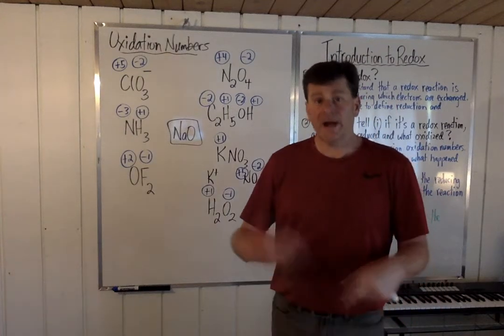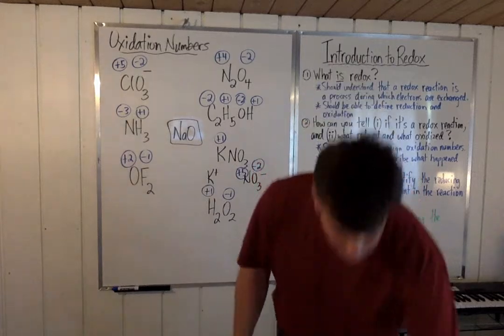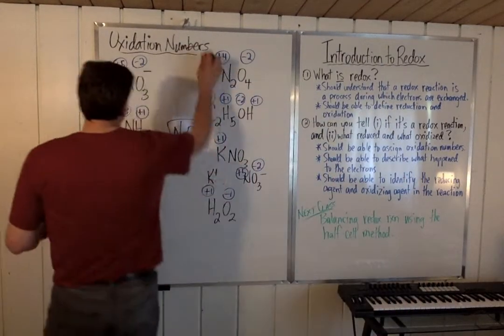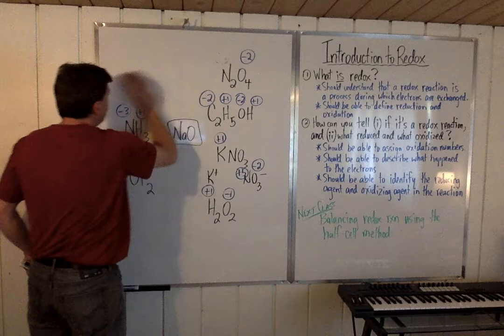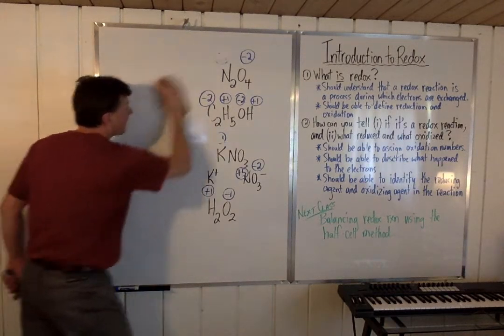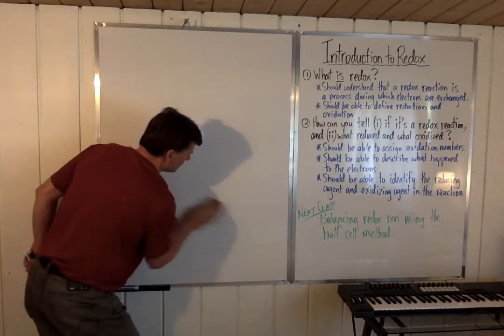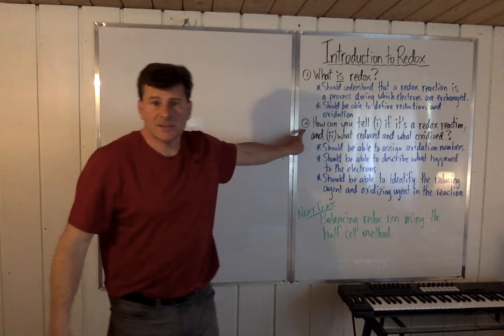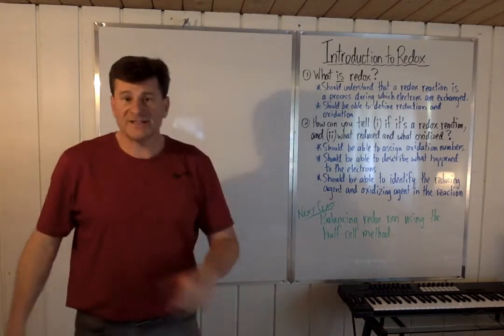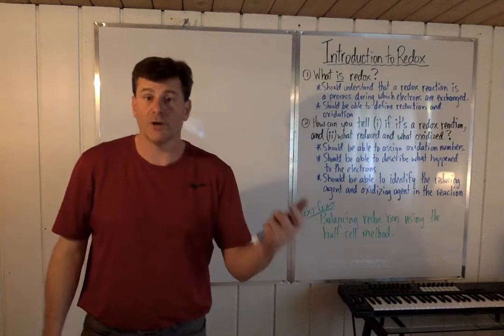Okay, now how do you apply that understanding to chemical processes? This is our last little bit here. In this question, how can I tell if A, it's a redox reaction, and B, what reduced and what oxidized?